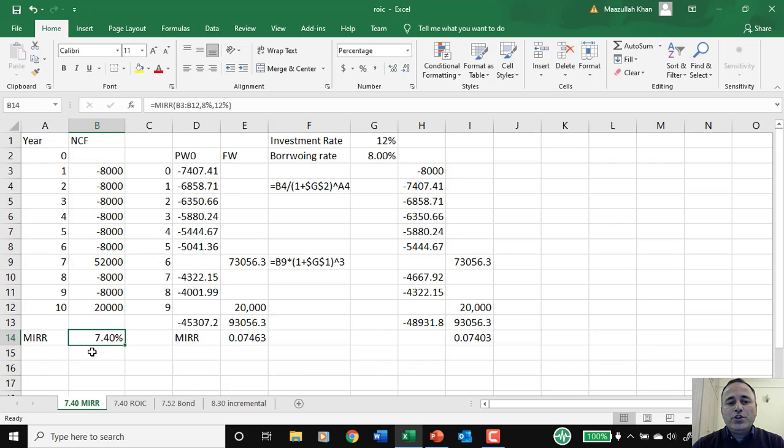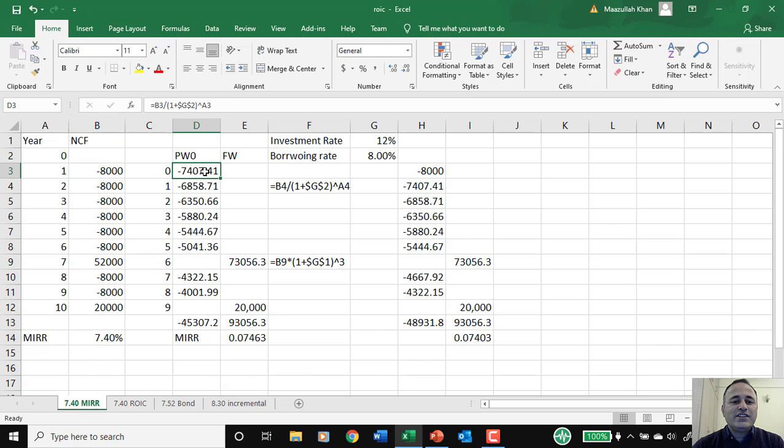And then the computer compounds. In other words, it calculates the future value of positive cash flows and uses the investment rate, which is 12% in our situation. Okay. If you would like to calculate, of course, through Microsoft Excel, it is straightforward again. Either you use the formula or you go step by step.